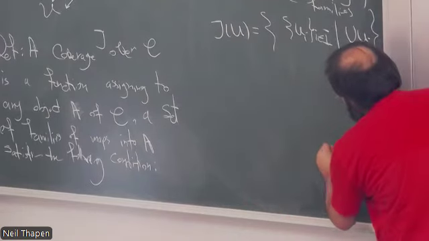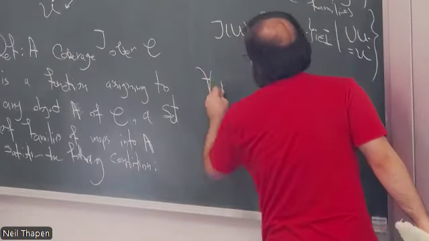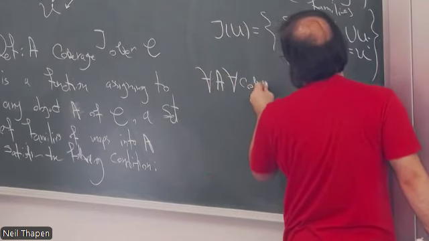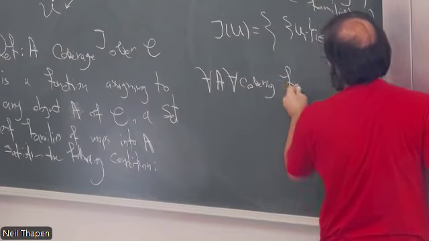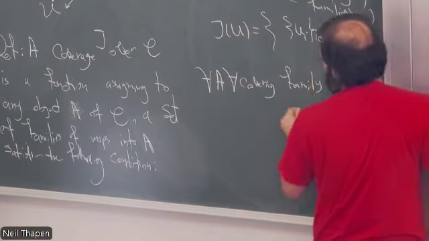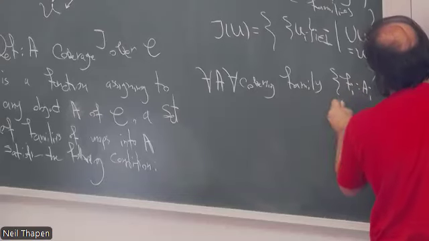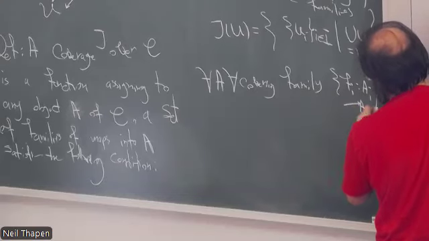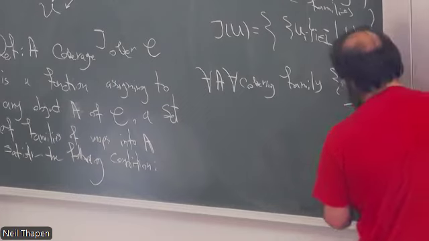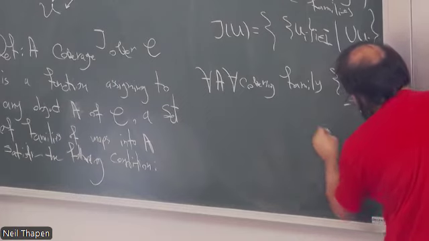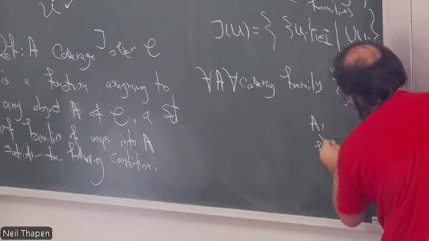So for any A, and for any covering family, F_i from A_i to A, right? So for any A, for any covering families, now I have to also specify the maps.